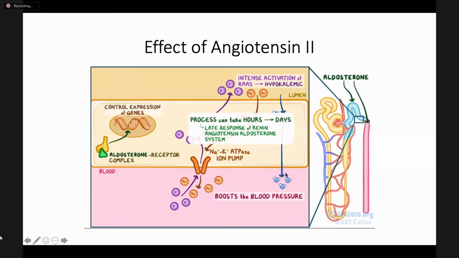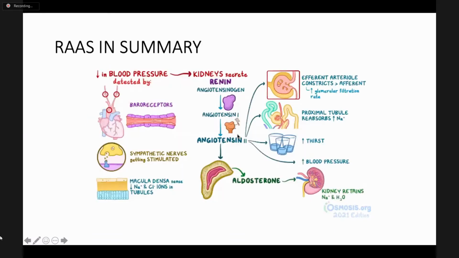So water will follow, and this will boost the blood pressure up. Okay, this is how the effect of angiotensin 2 and aldosterone causes an increase in blood pressure. Okay, in summary, the renin-angiotensin aldosterone system.